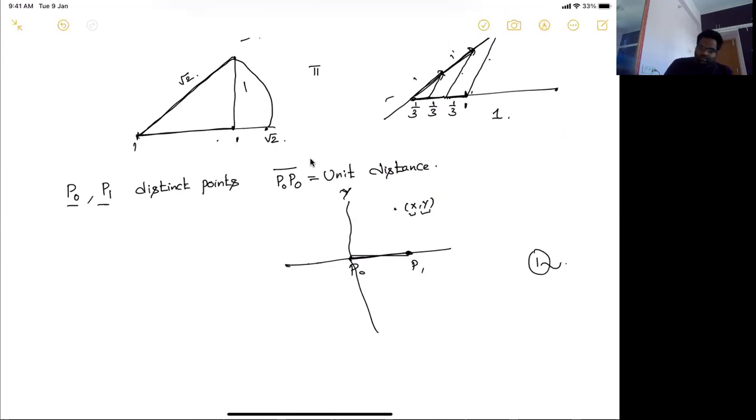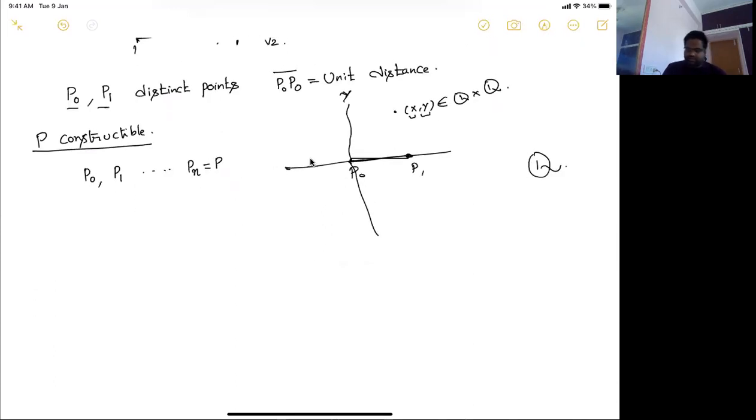From what we just saw, we can construct any point x comma y in Q cross Q. So we say the point P is constructible if there is a sequence of points P naught, P1 up to Pn, where the final point is P, such that the following holds.